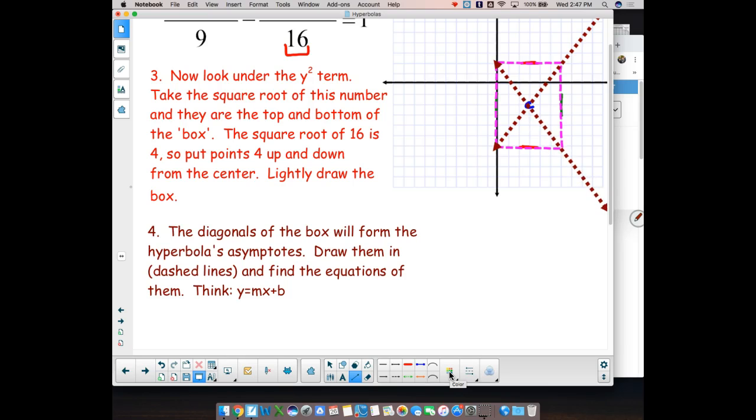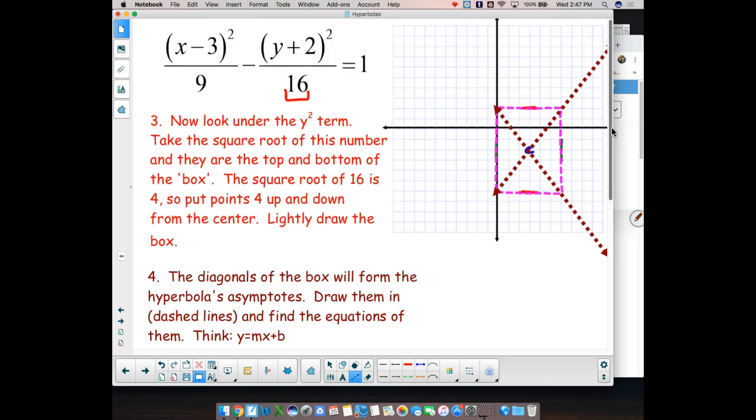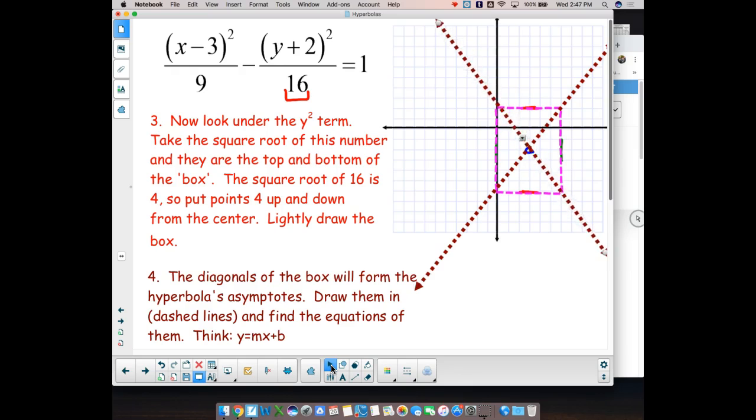And when you draw them in, you will want to draw them in as far across the graph as you can, because that's going to be where the hyperbola goes. That's going to be my boundaries of my hyperbola. So I want to go as far across the graph as I can. Okay?